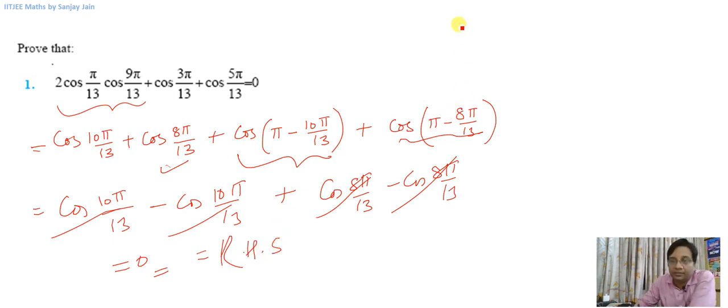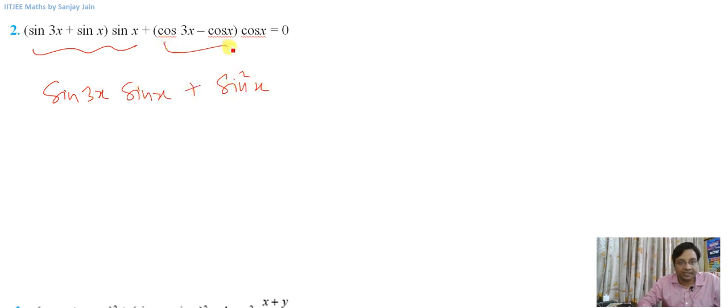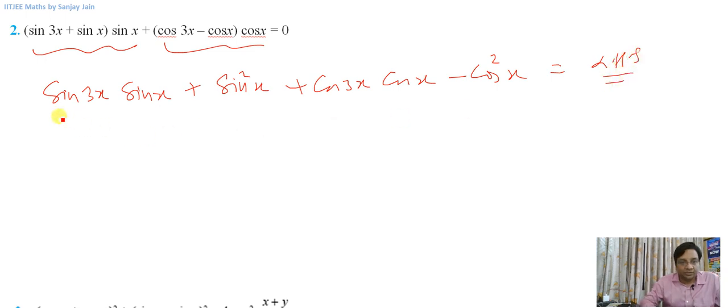Okay, let us look at the next question. If I open this first expression here, I can write it as sine 3x sine x plus sine squared x, and this second expression here can be written as cos 3x cos x minus cos squared x, and this is my left hand side. If I separate this, this is nothing but cos A cos B plus sin A sin B, which is cos of A minus B, so cos of 3x minus x.